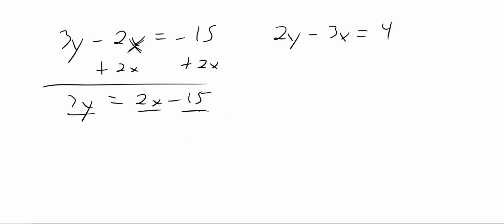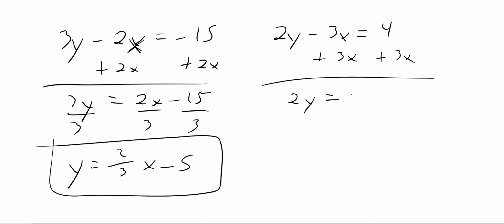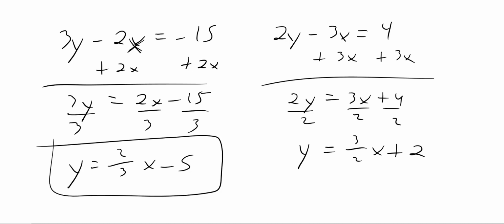Divide by 3. Y is equal to 2/3 x minus 5. That's your first equation. Next one, I'm going to add 3x to both sides. So 2y is equal to 3x plus 4. Divide by 2. So y is equal to 3/2 x plus 2. Okay, so that's your next equation.